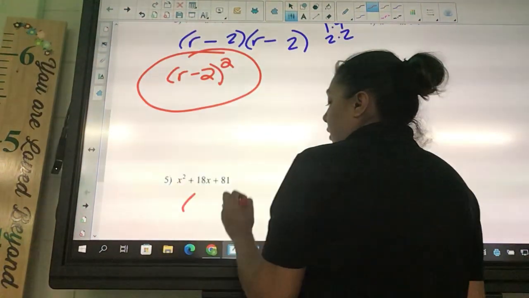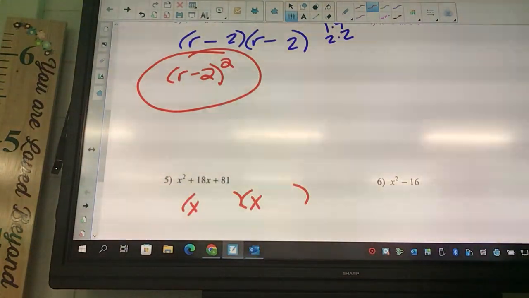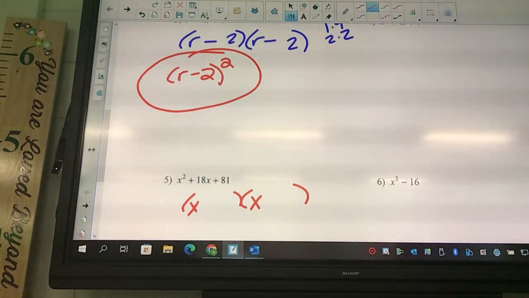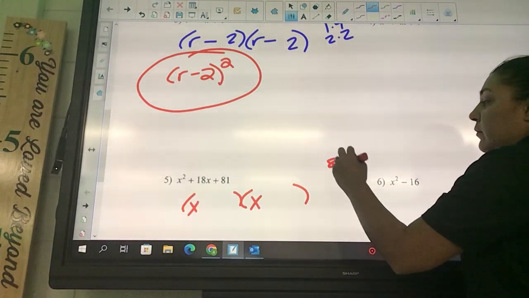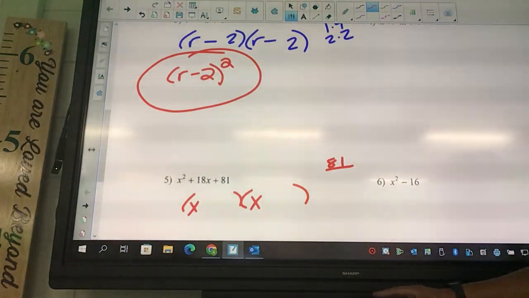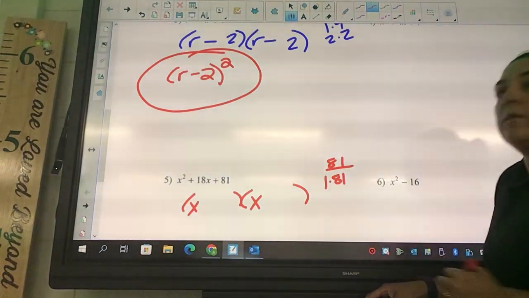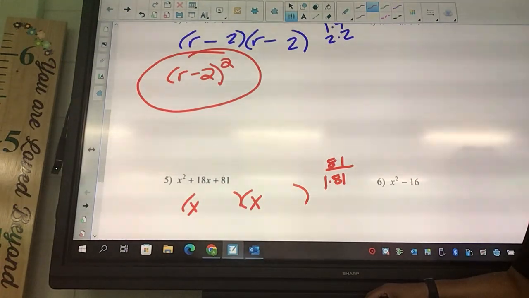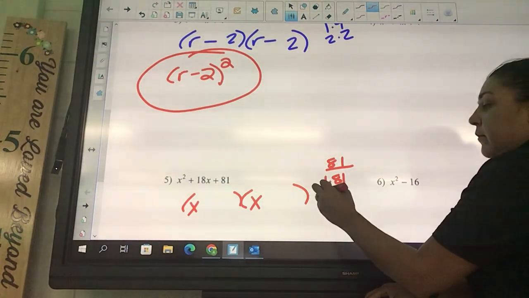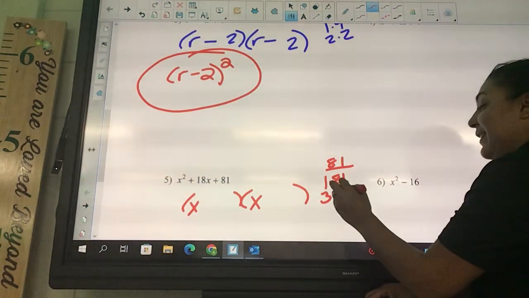Okay, 5, you're going to draw your 2 parentheses, and we're going to say x and x. Okay, we need a list for 81. Don't all shout them out at once. 1 and 81. Good. 21 and 7. Oh my goodness. 3 and 27. You good?